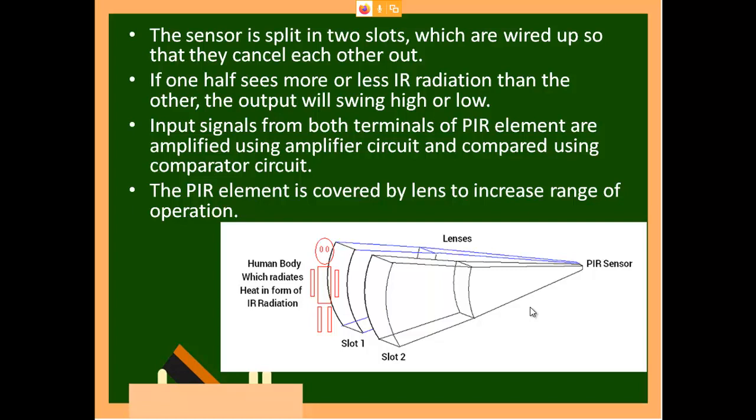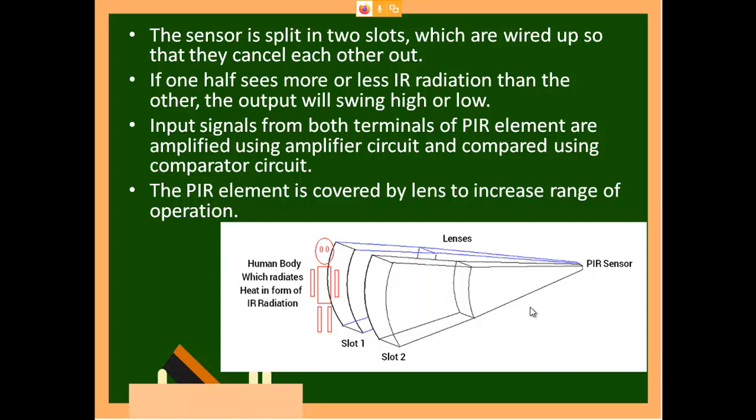The sensor is split into two slots which are wired up so that they cancel each other out when the person is not moving. If one sees more or less IR radiation than the other, the output will swing high or low. So when one is receiving more or less compared to the other, it means the object is moving.